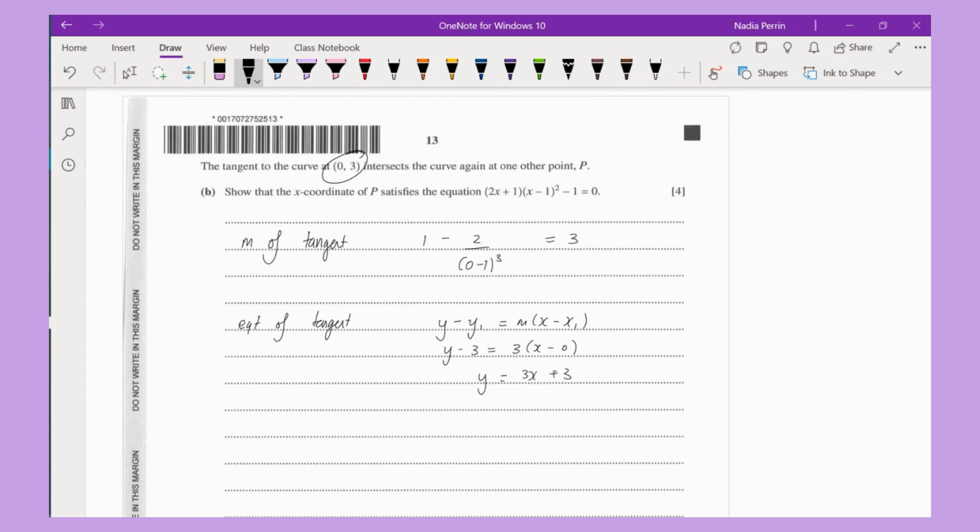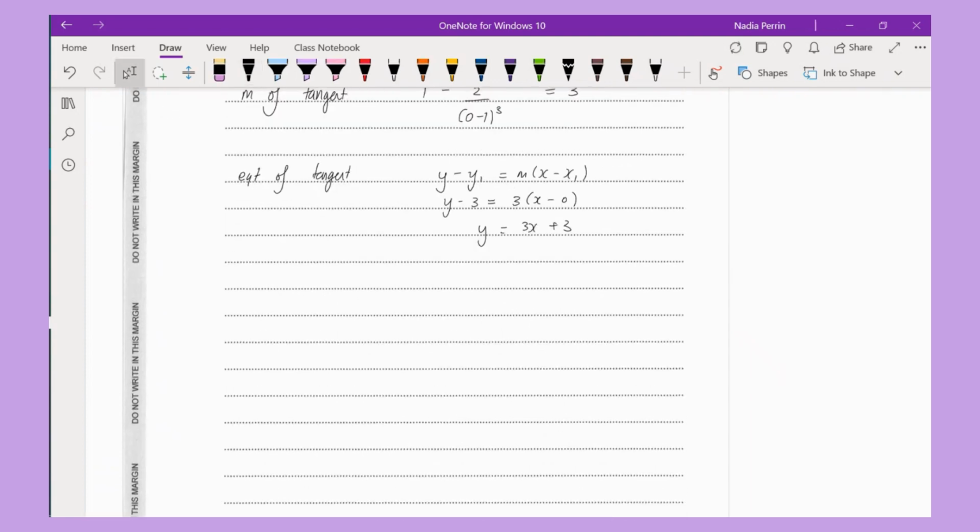So we know that this line intersects the original curve at another point. So we're going to take that equation of the curve that we came up with before, which was x plus 2 over (x minus 1) squared, and it's got to equal 3x plus 3.